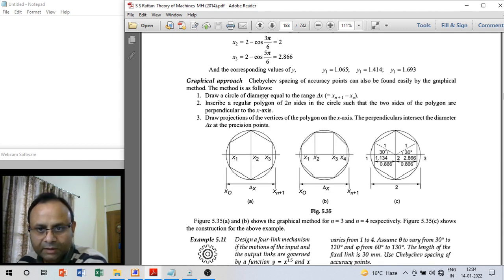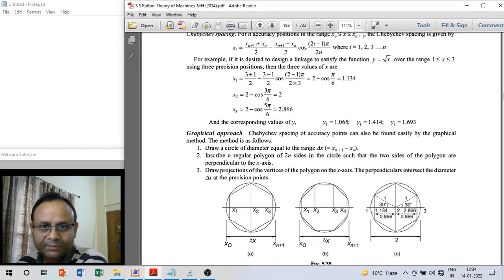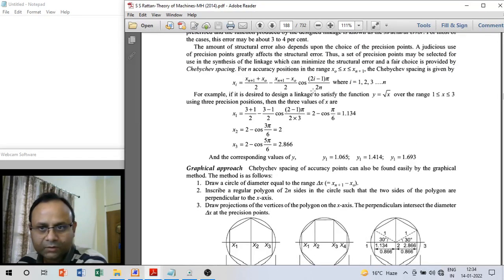Now, actually another thing here is not mentioned. To draw this circle, you also need the center of the circle, and center of circle will be actually (xn plus 1 plus x0) by 2. Okay, that will be the center of the circle. So for this example, your range was from 1 to 3, so center will be (1 plus 3) by 2, at 2.